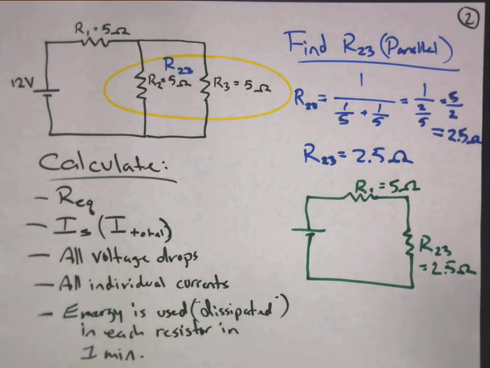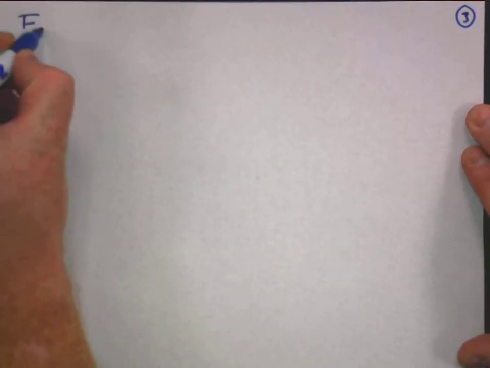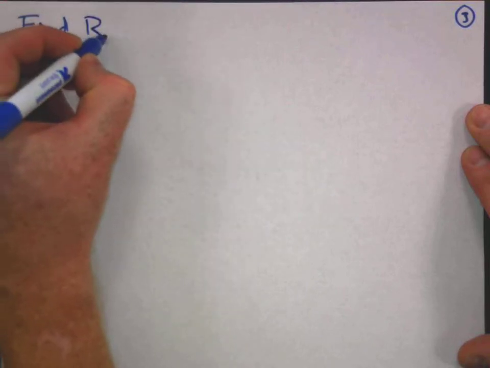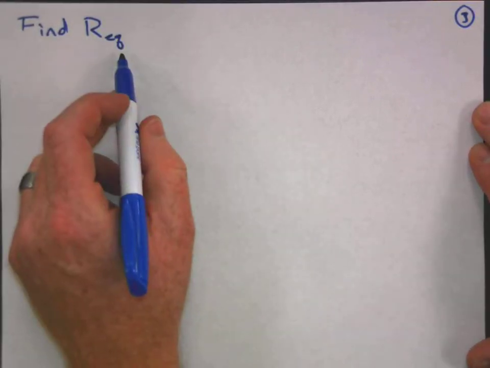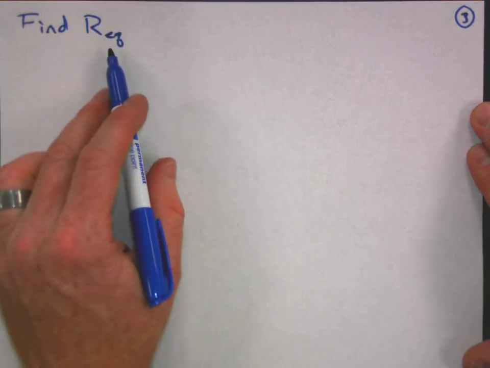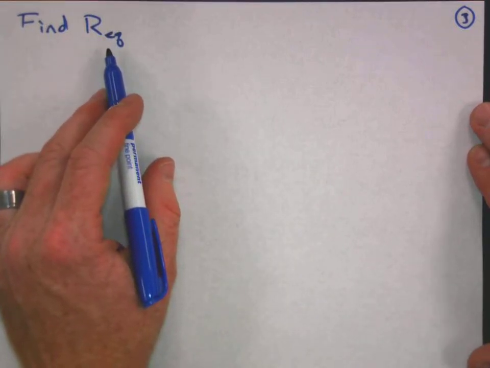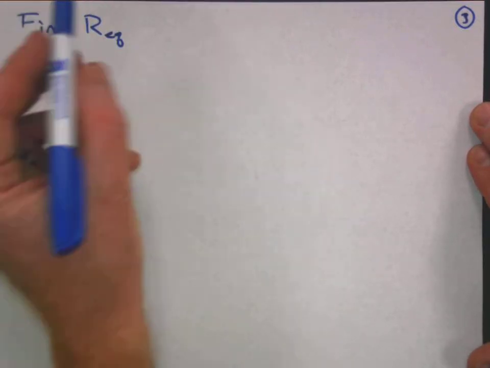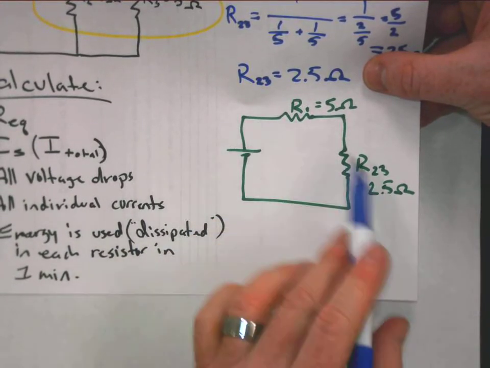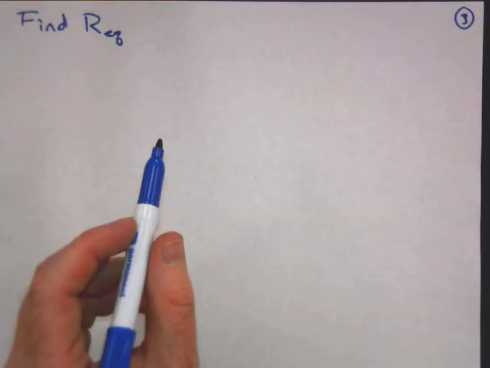Okay, I'm running out of space. Here we go. The next step is essentially going to be the final step for overall resistance. When you're getting the final step, that's your equivalent resistance. I reserve this for the equivalent resistance of the whole circuit. And really that's what you want. What I have to recognize is that at this stage, I have a series relationship here, one after the other.